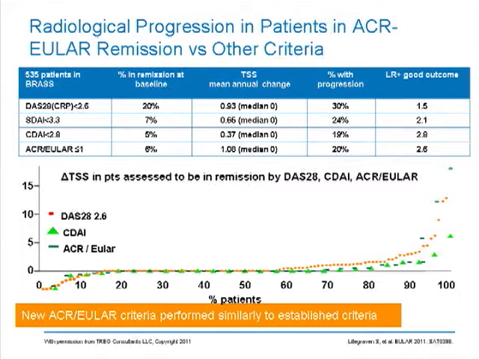And they looked at the percent of patients in remission at baseline, and clearly there were many fewer patients who are in remission with a low SDAI, CDAI, or ACR EULAR criteria versus the DAS CRP.